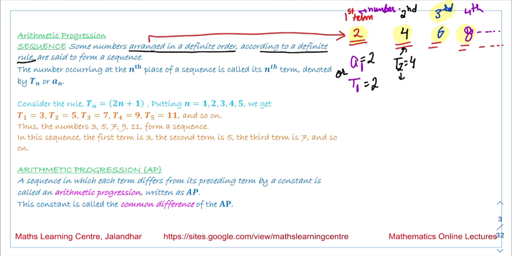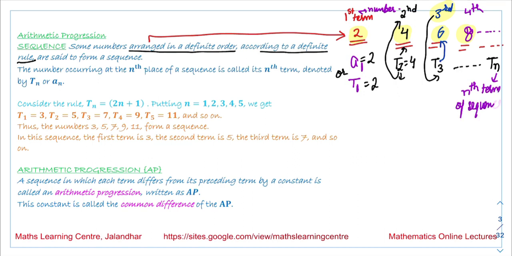This 2 represents that this is the second term of this sequence. If I am saying T3, I am talking about the third term, and the third term of this sequence is 6. Like this, if we continue, Tn will represent the nth term of the sequence.